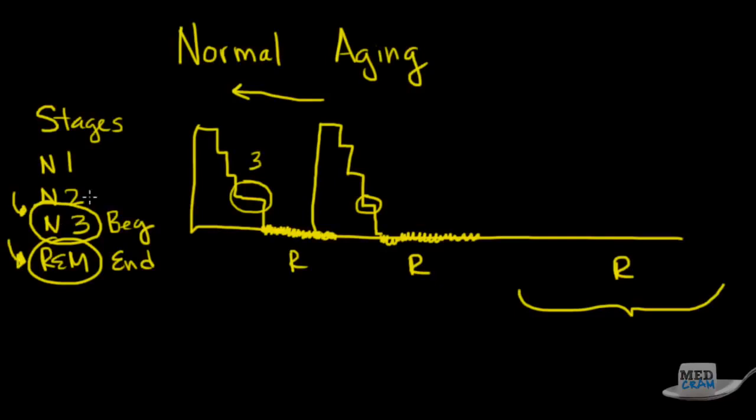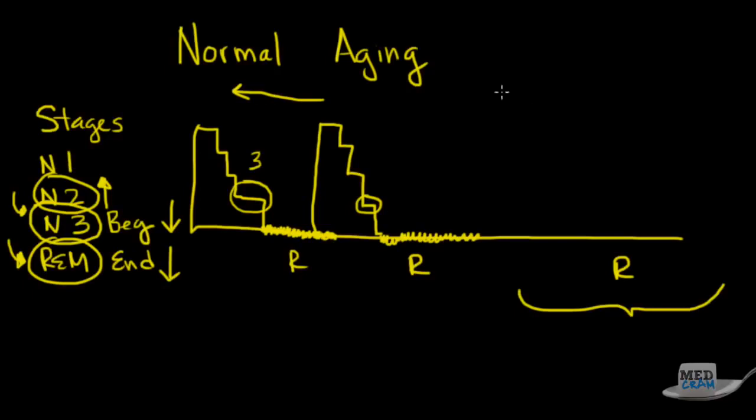And unfortunately, as we get older, we see a reduction in both of these types of sleep and an increase in this very sort of bland N2 type of sleep, which really is more of a light sleep. So this is what we see within normal aging. Now, most of these changes occur by the age of 40 or 50 years of age, and sleep remains pretty constant from the age of 60 to 90. There is one exception, and that is sleep efficiency.